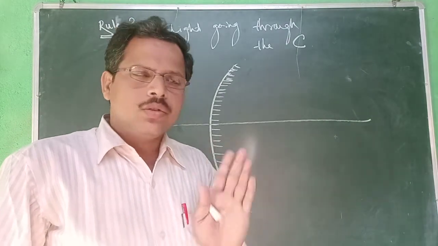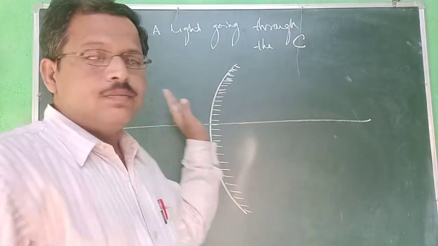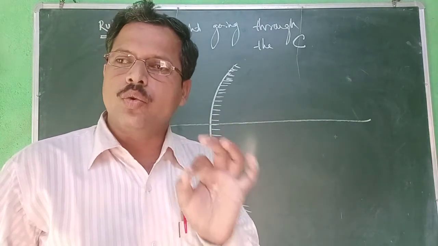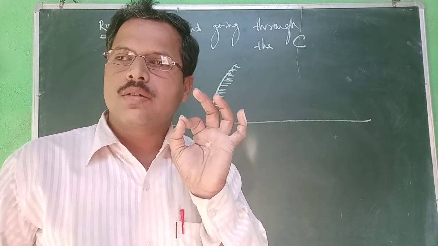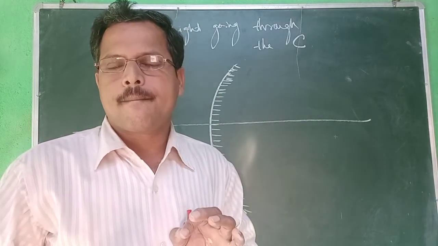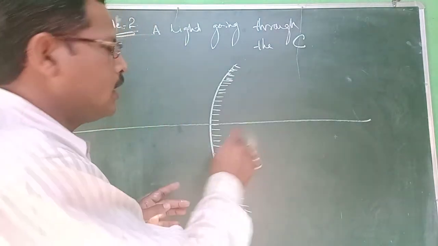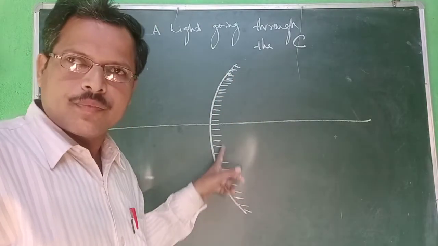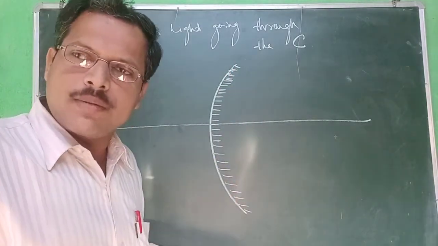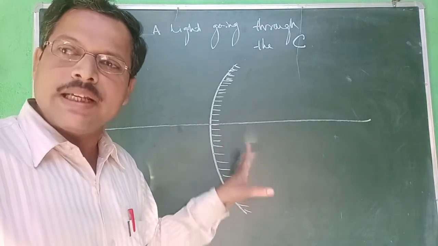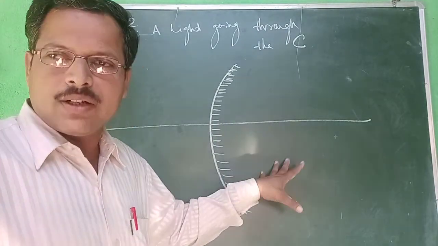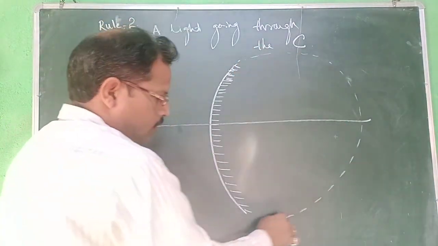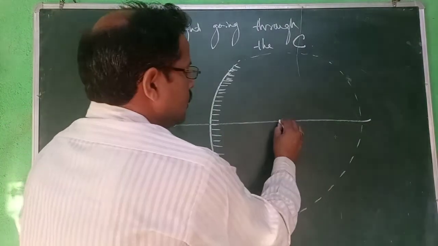In this rule, we know what happens when a ray goes through the center of curvature. So where should the center of curvature be? As you know, this reflecting surface is convex, so the center must be on the back side of the mirror, inside the mirror.